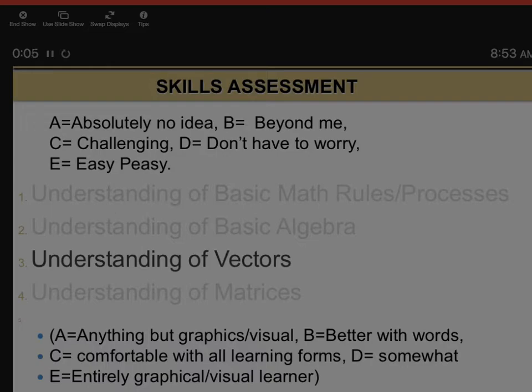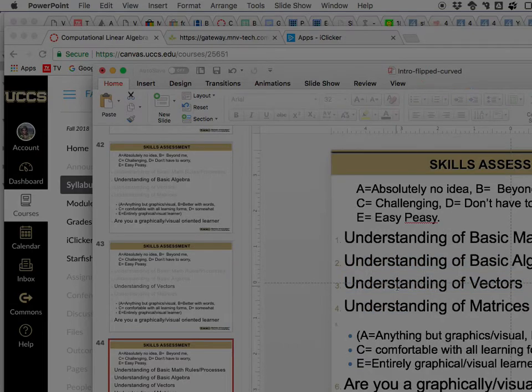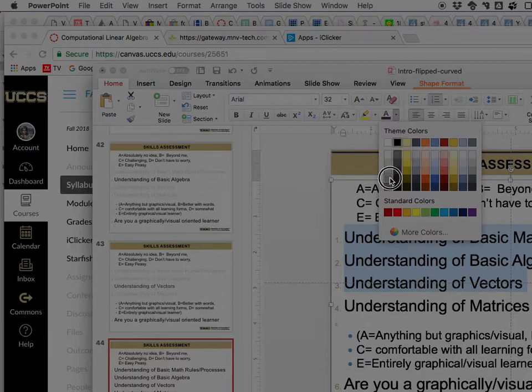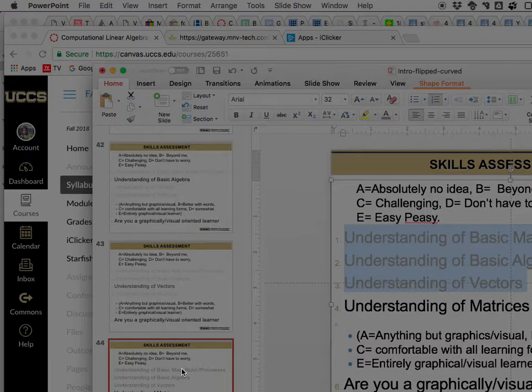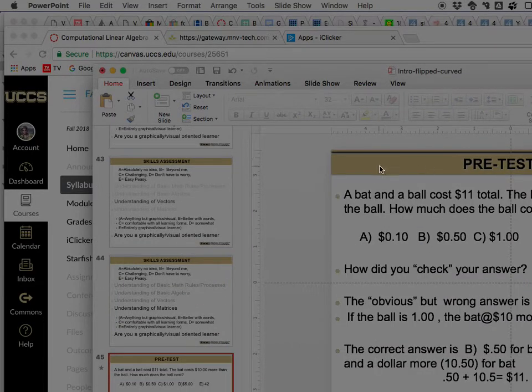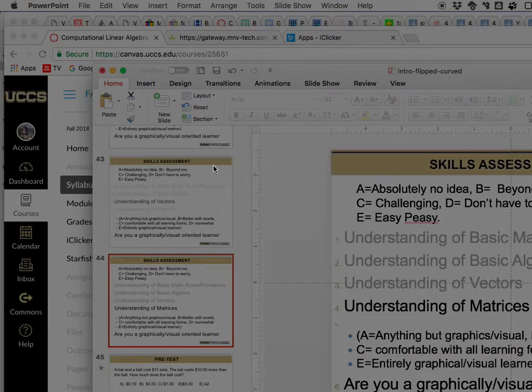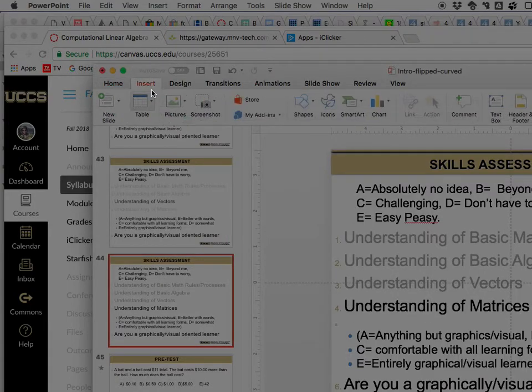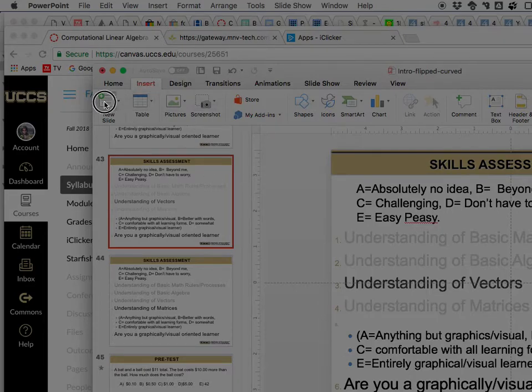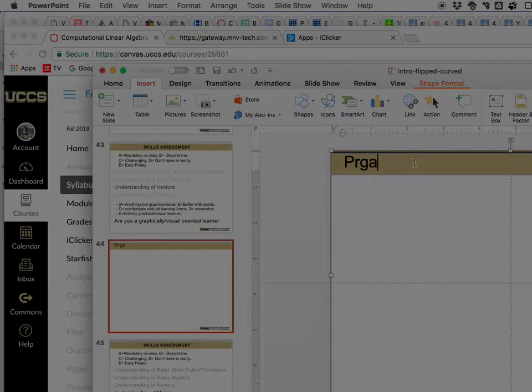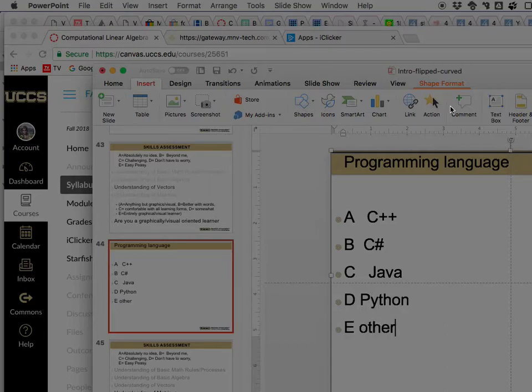More than last time. Okay, so now we'll do C, understanding of vectors. Okay.